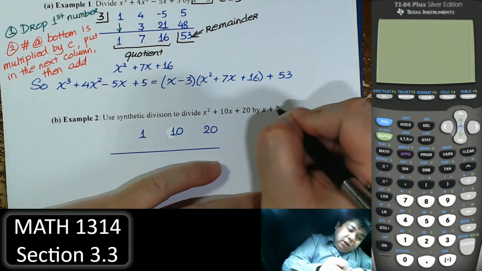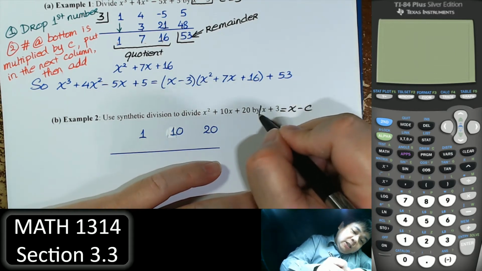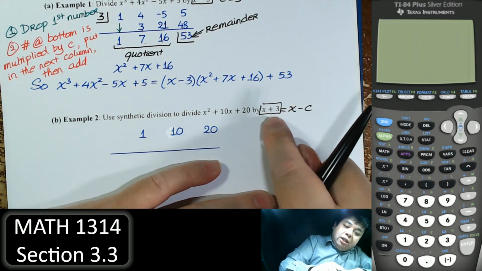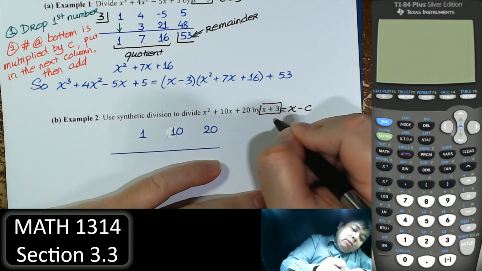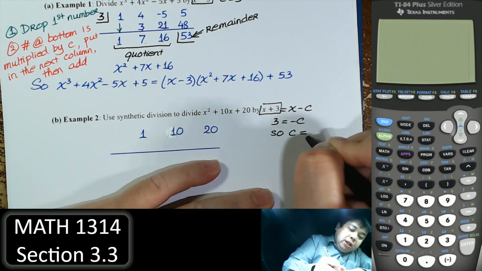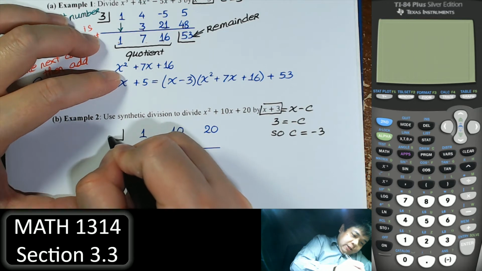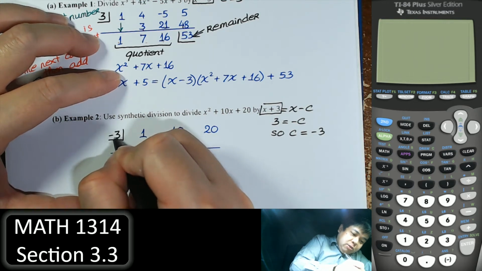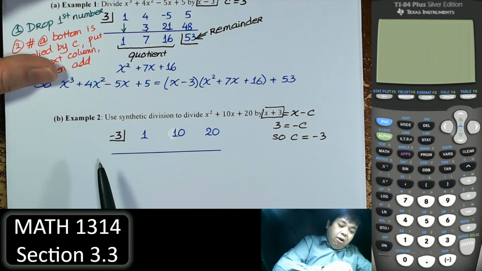And then remember the divisor is in the form of x minus c. So in this case x cancels x, negative c is 3, so c is equal to negative 3. The divisor must be in the form of x minus c.